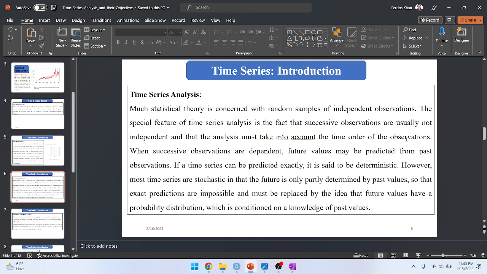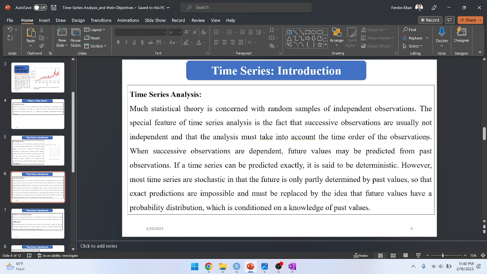This is important because usually in statistics we say that the data is independently and identically distributed, but in time series the data is not independent of each other. And this is what we try to capture, the correlation between the variables, and then we build a model, and then we do forecasting.